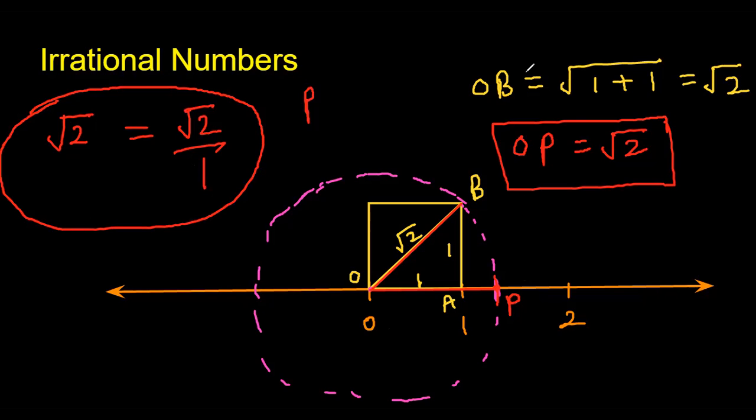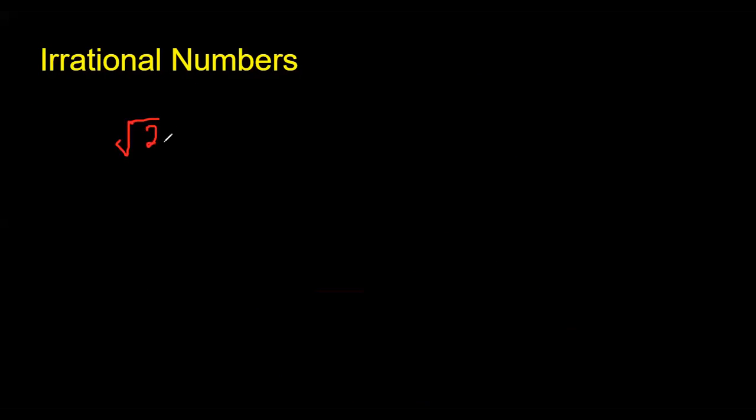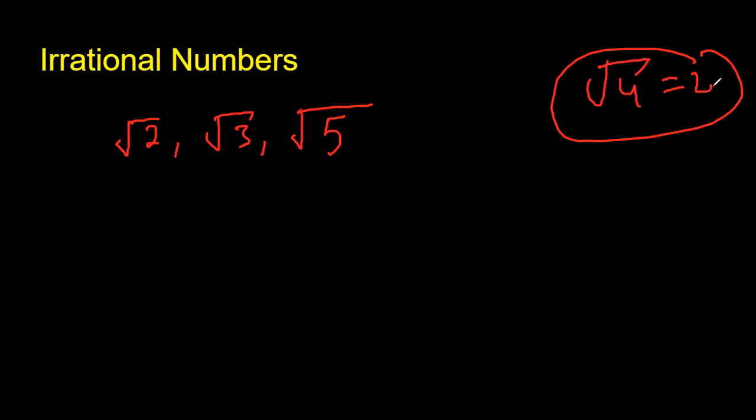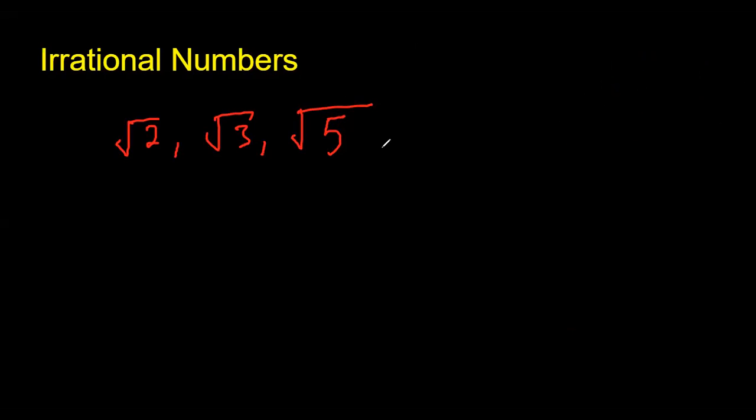The numbers like square root 2, square root 3, and the square root of all non-perfect square numbers like square root 5. Because if we say square root 4, this is 2, so this is a rational number. But we are talking about square root 5, square root 7. Likewise, we can say a lot of numbers are there, square root 11, square root 13.